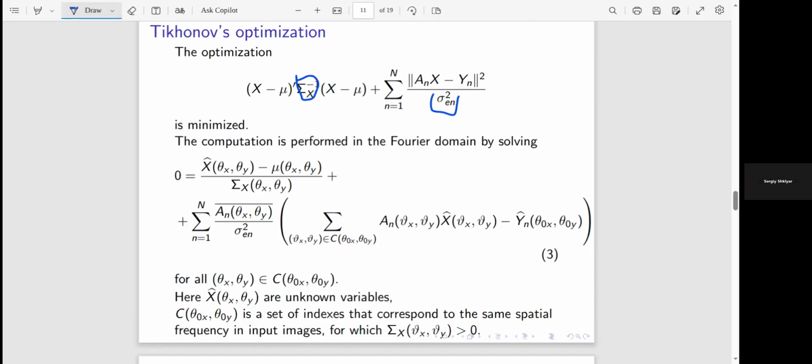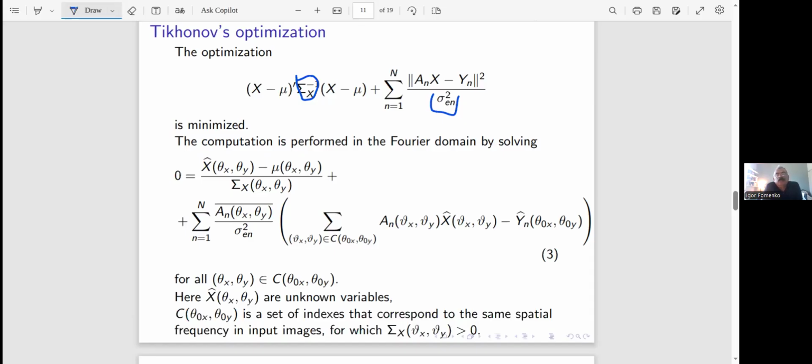Excuse me, is the penalty term the first term or the second term? We think it's the second. Yes. So basically, what people usually do, they have a penalized likelihood.